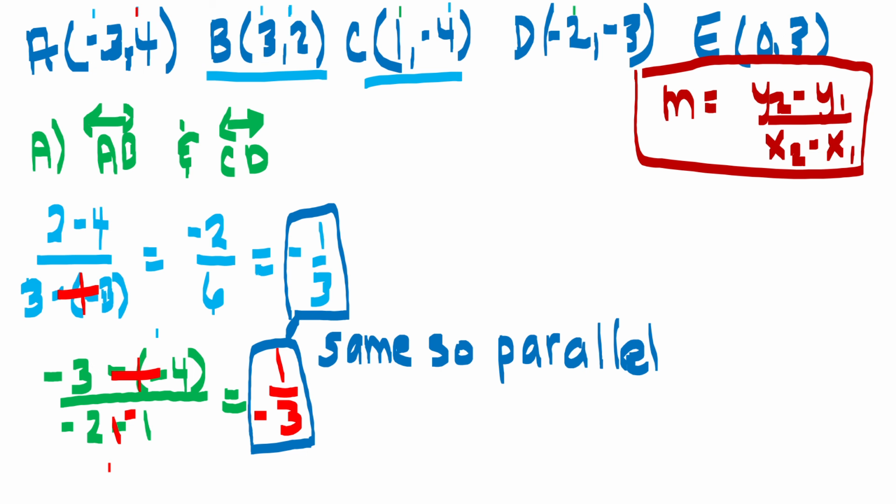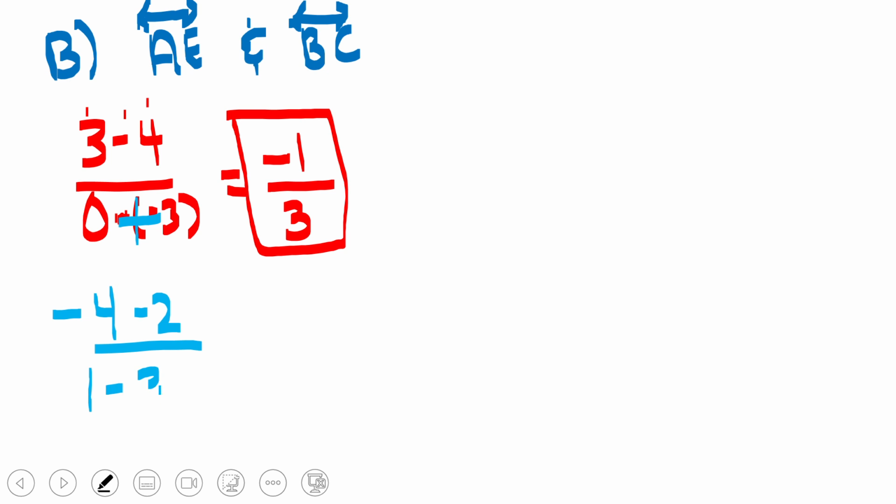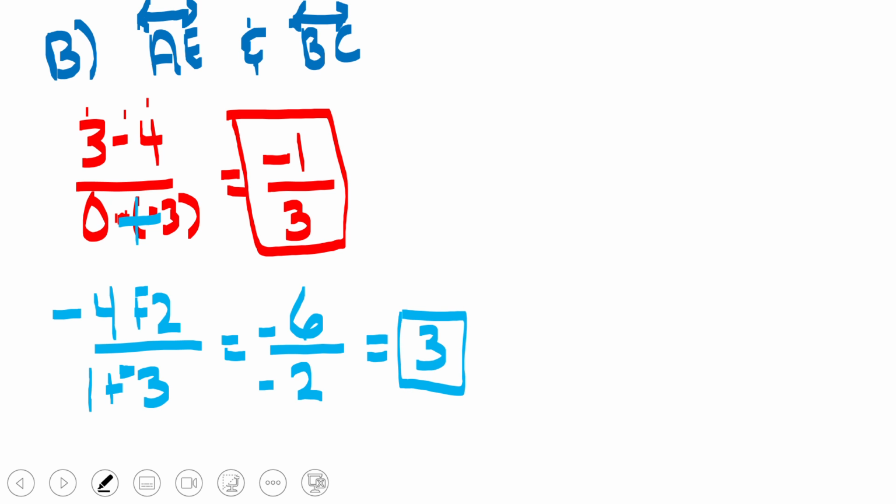And then we need 1 minus 3 on bottom. Negative 4 minus 2 is a negative 6. Then 1 minus 3 is a negative 2 on the bottom. That equals 3. We have a negative 1/3 compared to a 3.